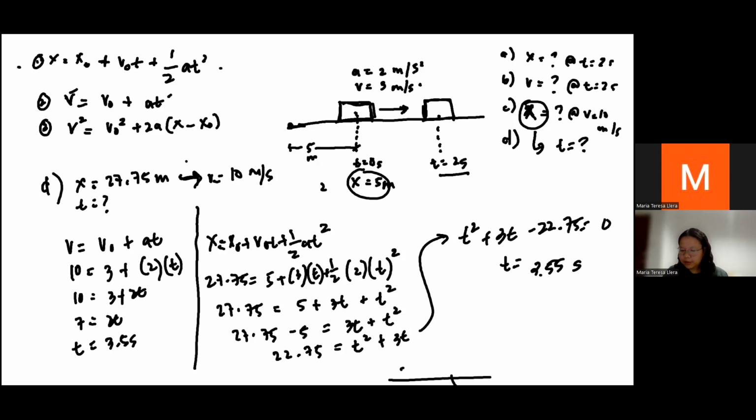You can substitute this 3.55 seconds to this equation, and then you'll see that it will be correct. So there are times that you can use multiple equations to solve a problem, but of course you should always try to save your time because this is not the only problem that you're going to solve.